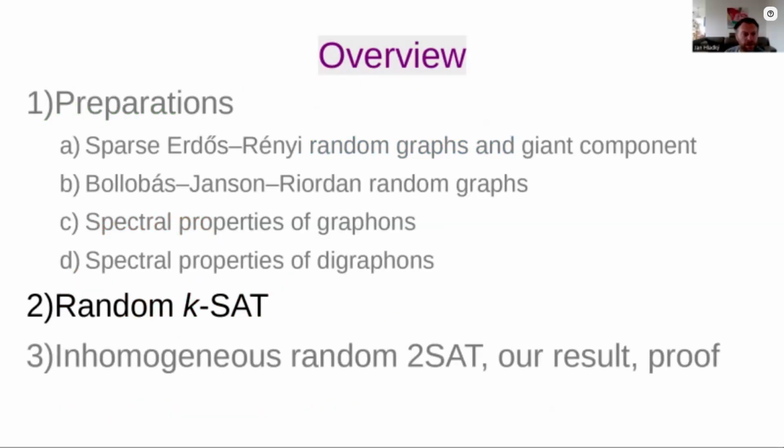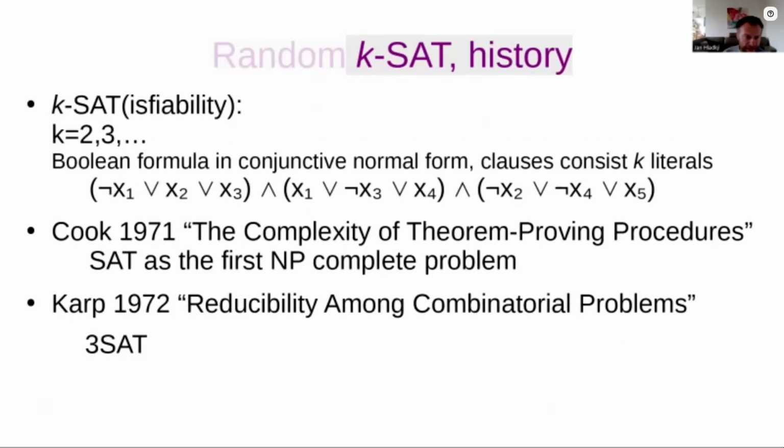Okay, so these were the preparations regarding random graphs and spectral properties. Now I want to do a little bit of overview about random k-SAT, and then talk about our model. So a k-SAT, where the first non-trivial k is 2, 3, and so on, is a Boolean formula in conjunctive normal form, which means that you have some Boolean variables and you have clauses connected with conjunctions, and each of them consists of k literals.